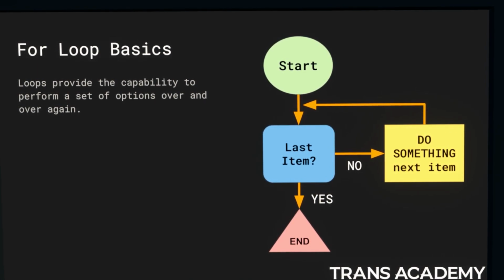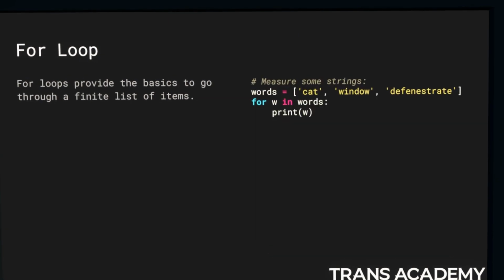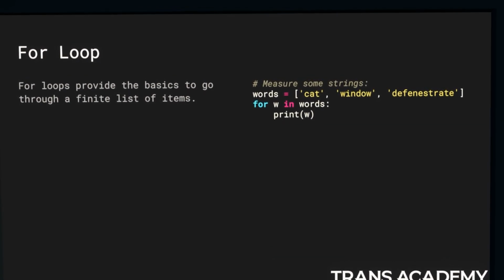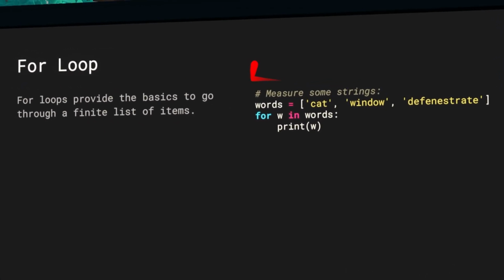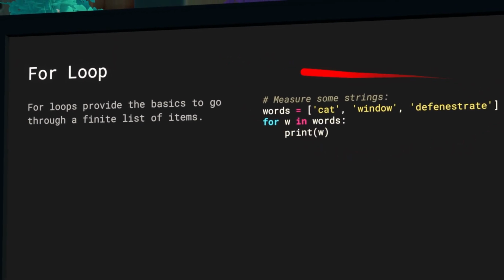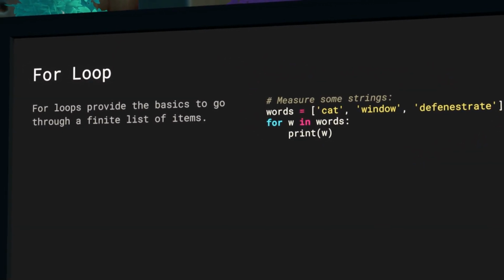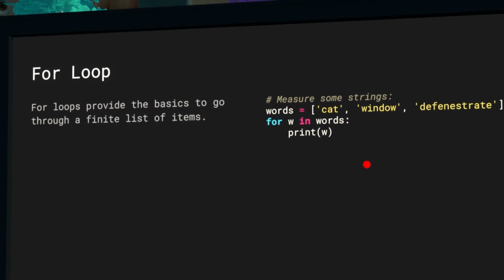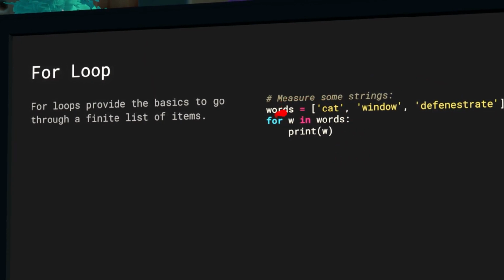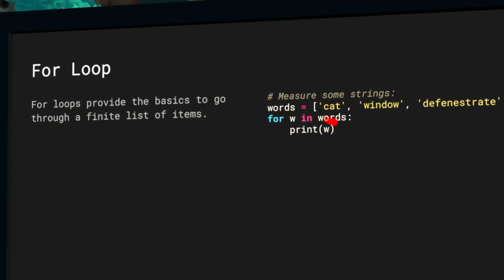All right. Let's take a look at this. So start, last item, do next item. Okay, let's show a for loop here. This is going to be a for loop that iterates over a list of strings. First iteration, w is going to equal cat.